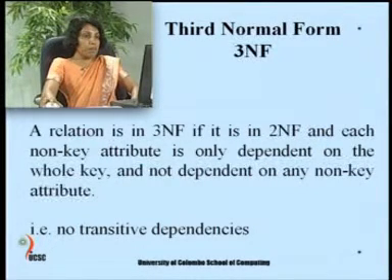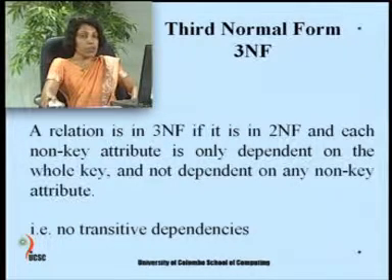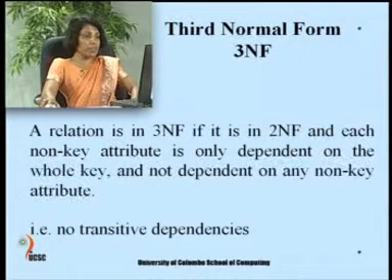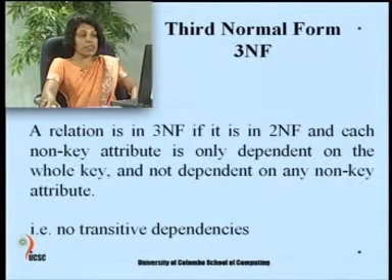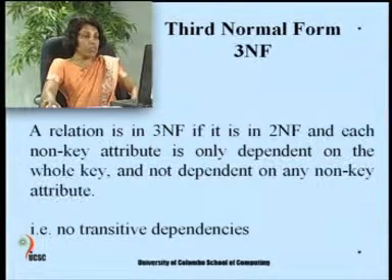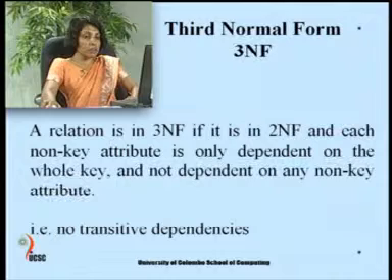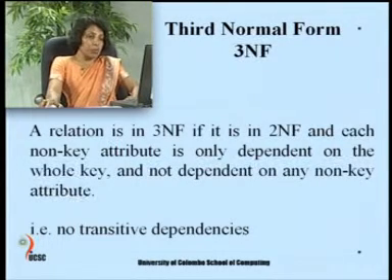So we have to go through this third normal form to avoid the anomalies that are associated with the second normal form. Now what is the third normal form? A relation is in third normal form if it is in second normal form and each non-key attribute is only dependent on the whole key and not dependent on any non-key attribute.